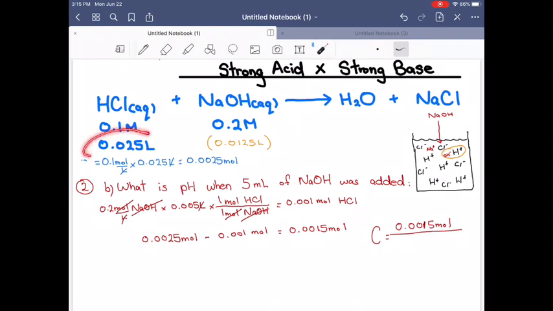We know it's not 0.025, but we do need 0.025 because that's how much it was in the flask originally. And then we added another 5 milliliters. This is the new volume of your solution. Put that all together, and my math says this is going to be 0.05.